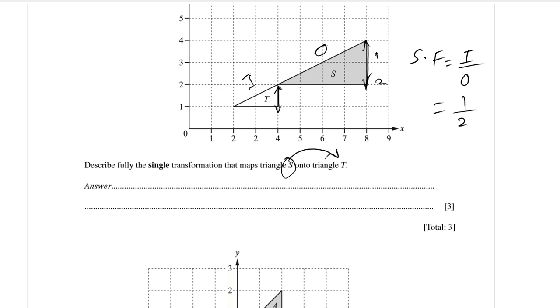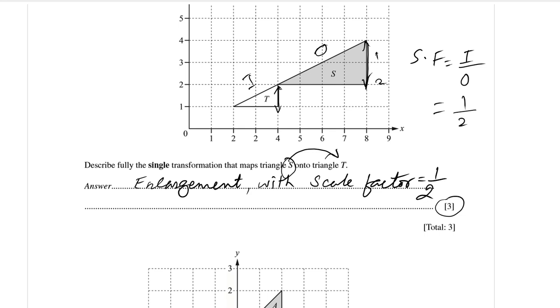Now how to justify these 3 marks? You will say this is enlargement with scale factor of 1 by 2 from the center. Now how can we find the center?